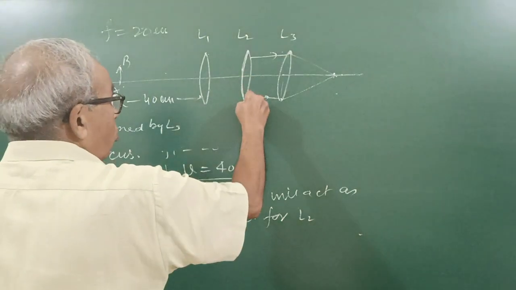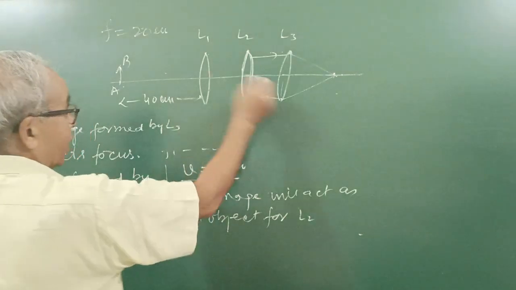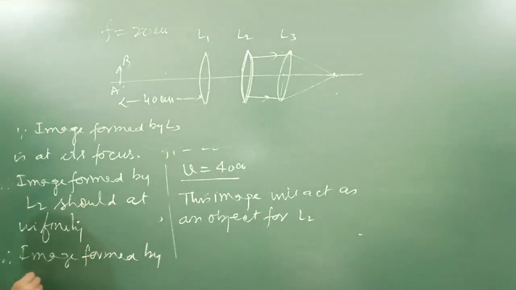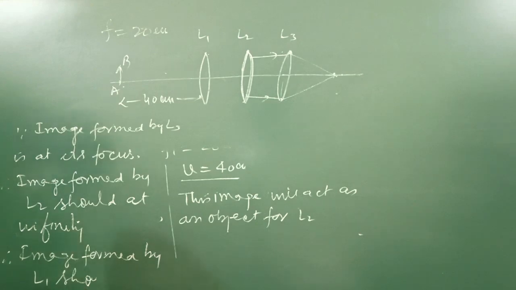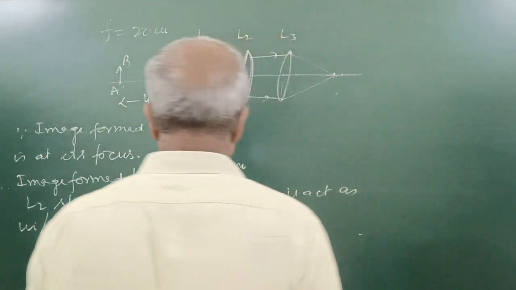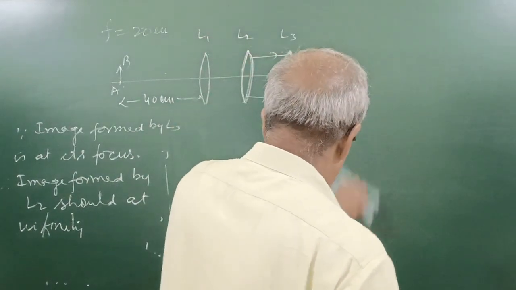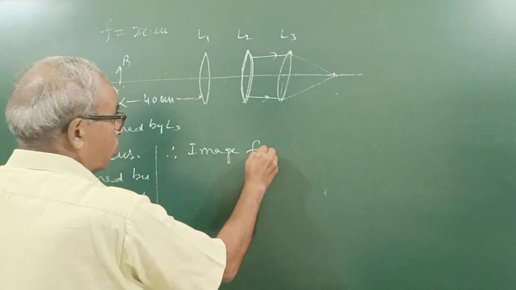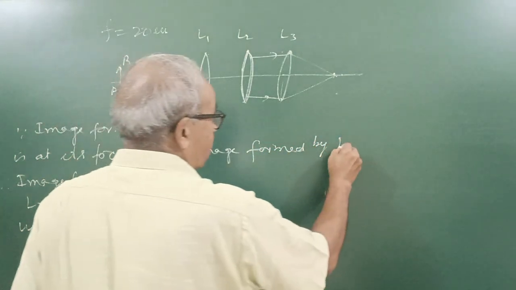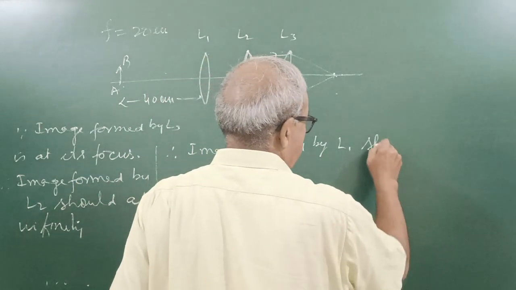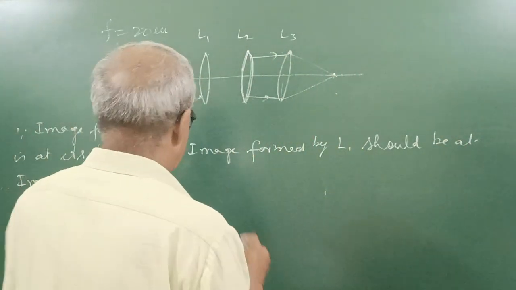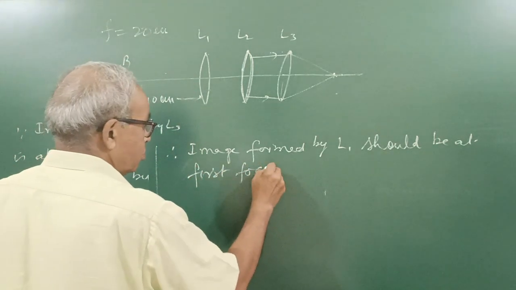So when this L2 forms an image at infinity for this object, hence the image formed by L1 should be at the first focus of L2.